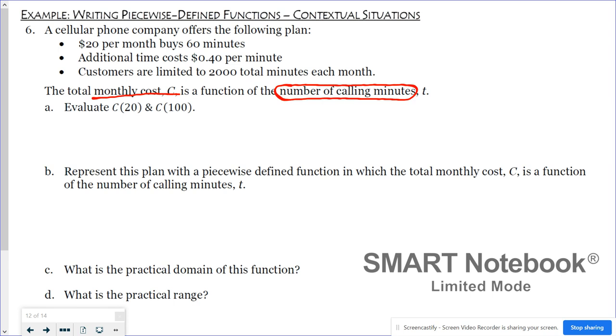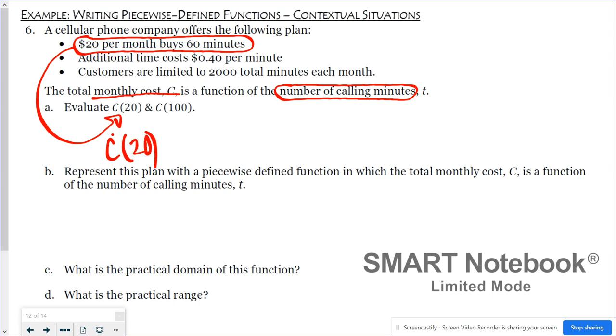Well, looking at the information they gave us, they said that $20 a month buys 60 minutes. So that means that the 20 minutes would cost $20, because $20 per month buys basically the first 60 minutes. So we can say definitely that the cost of 20 minutes is $20.